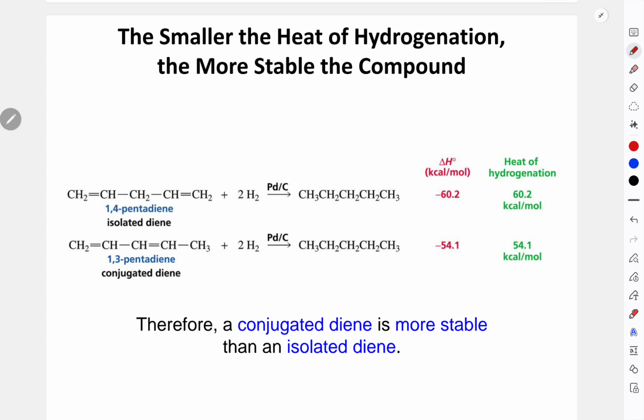The product is basically identical, so you can then think of how high lies the reactant state. After the hydrogenation reaction, you get the delta H, or heat of hydrogenation, with the opposite sign. So this number tells you that 1,4-pentadiene is sitting above 1,3-pentadiene.